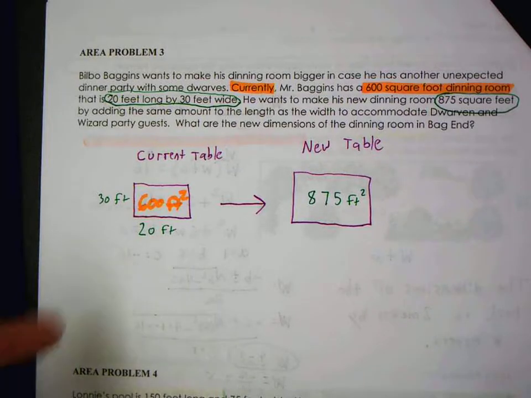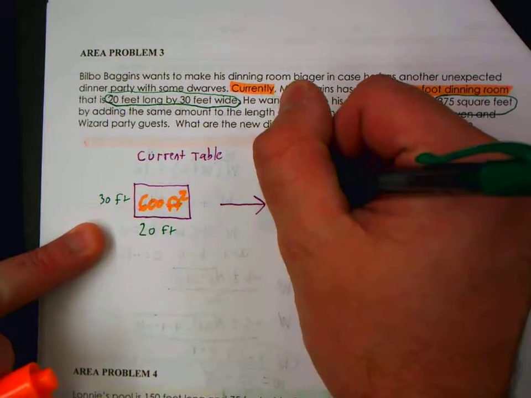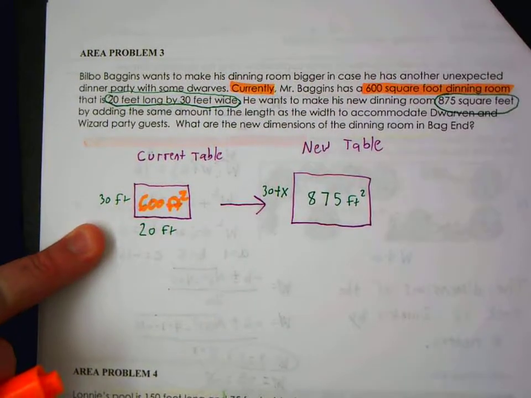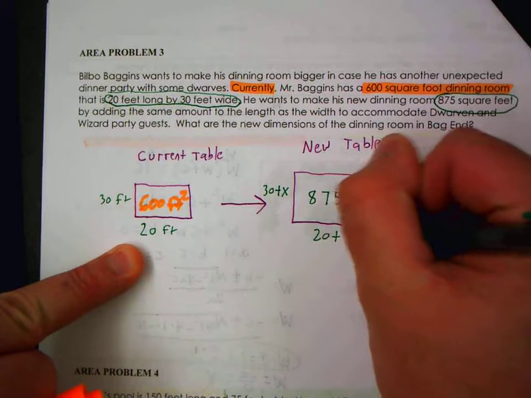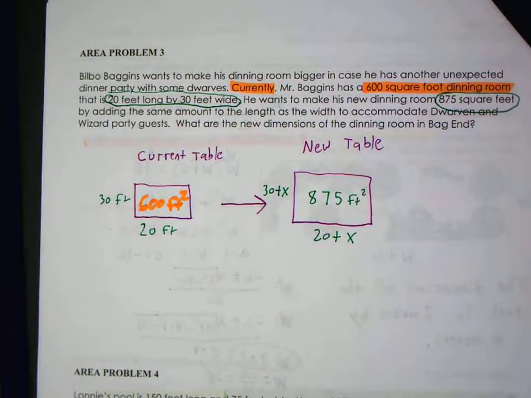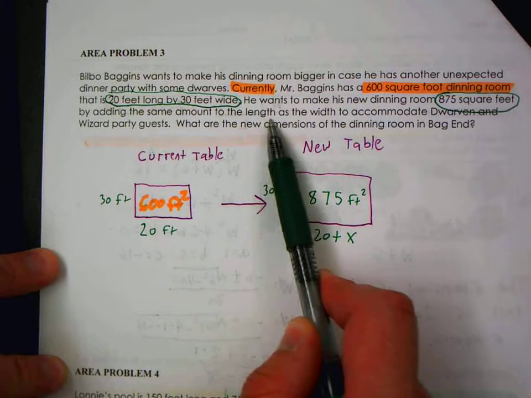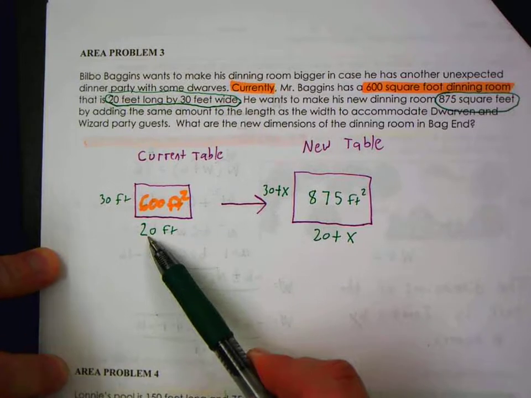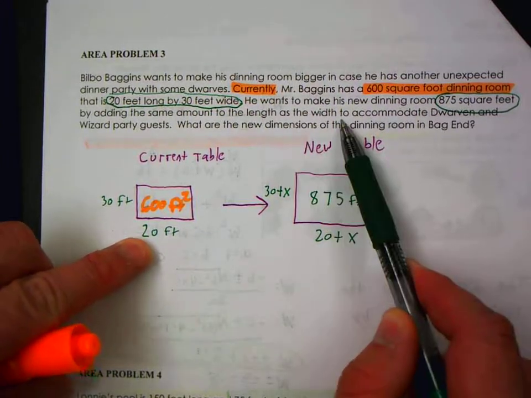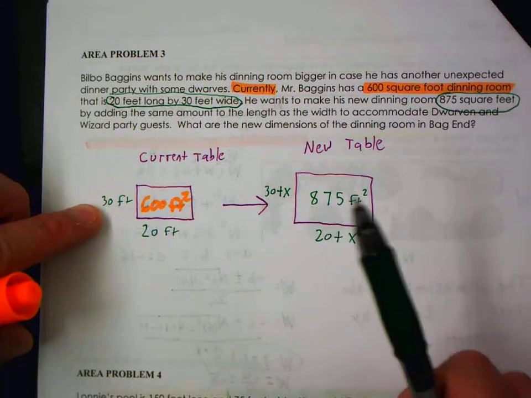I'm just going to choose x. In other words, he's going to take x and add it onto that 30, but he wants it to be the same for the length, so this is going to be 20 plus x. Does that make sense? He's adding the same amount to the length, 20 plus x, as the width, 30 plus x.